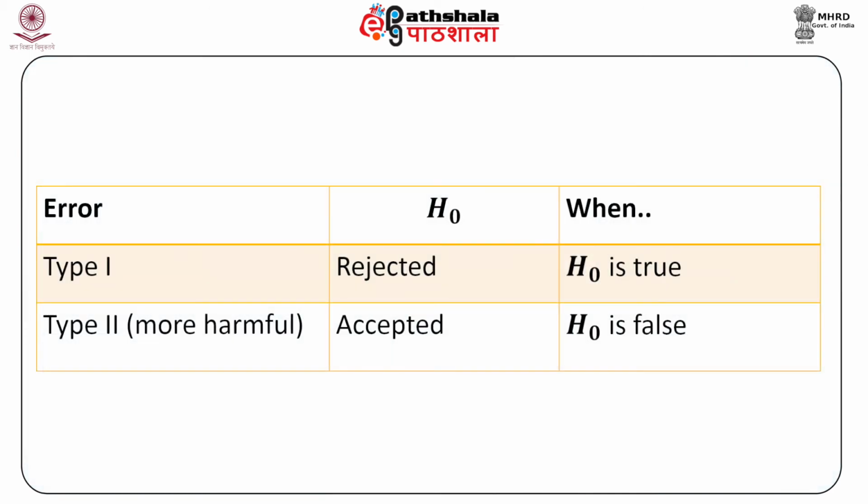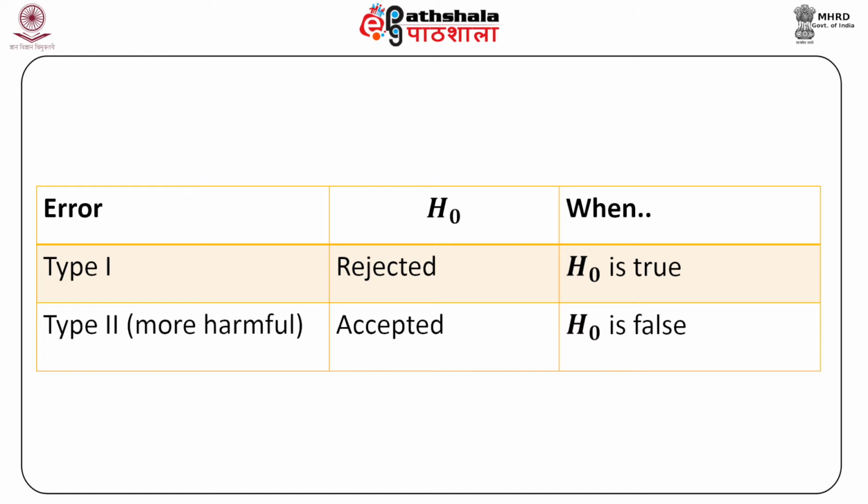So, before continuing further, let us take a look back at the types of errors which are committed in testing procedures. I am sure you know we have seen that we can have type 1 error and type 2 error. So, in this table, we have the first cell, which is the type 1 error, where the hypothesis is rejected when it is true, and we have the last cell, where H naught is false.